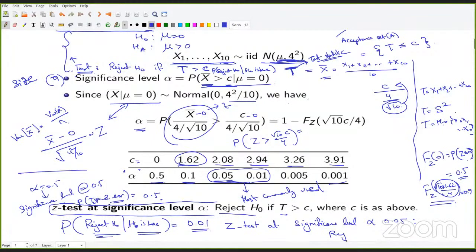So you reject H naught if T is greater than 2.08.